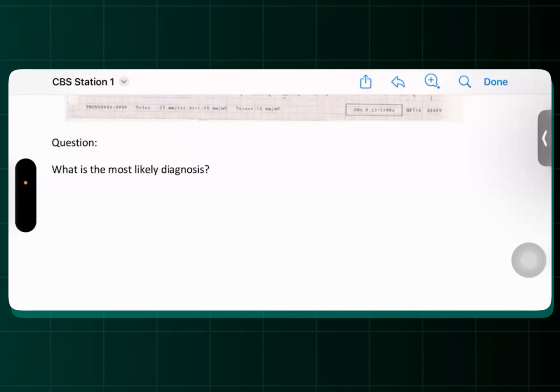So the first step that you have to do is load them up. The word is loading. You load them up with aspirin and another antiplatelet agent.